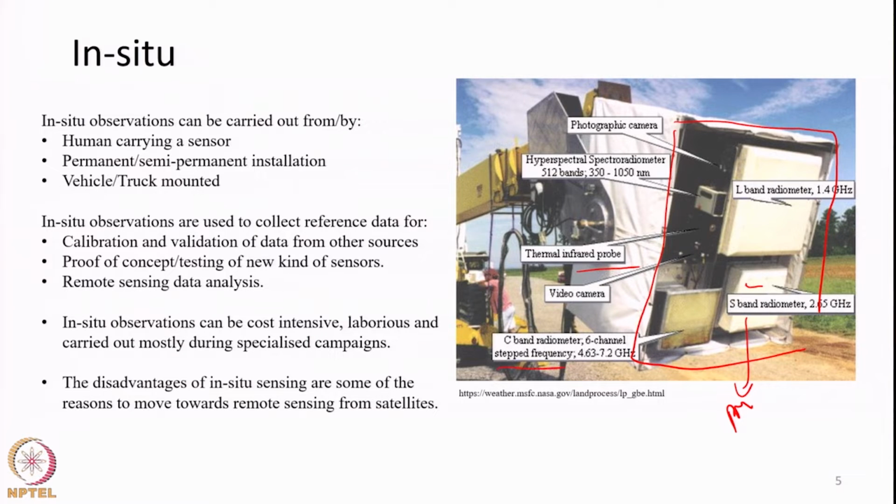Basically, if some new kind of sensor has to be tested, first they will test it using such ground measurements, then it will move to an aerial platform, and only then will it be sent to space in a satellite. So, for testing some sensors, ground based platforms will be useful. If someone designs a new way of data collection that will give us complementary data, first people will mount it on such in situ platforms, either on a tower or on a truck.